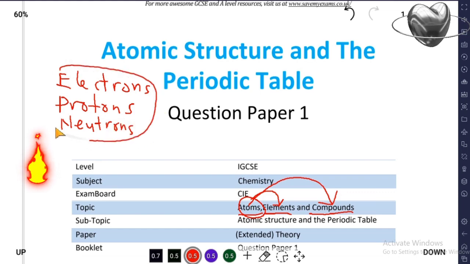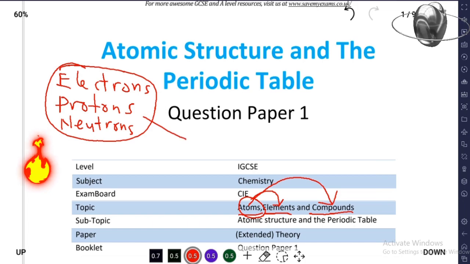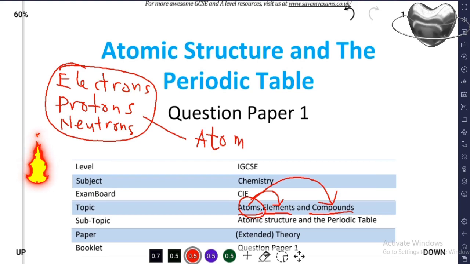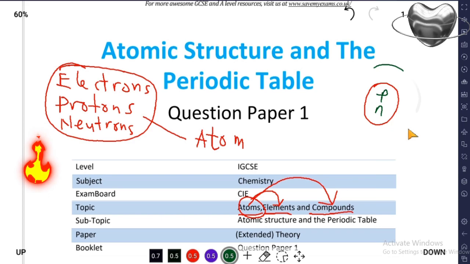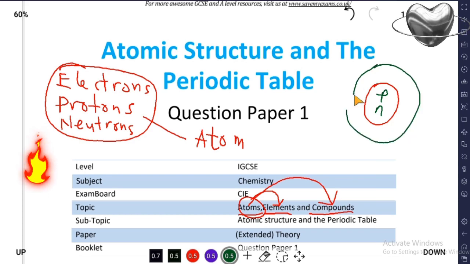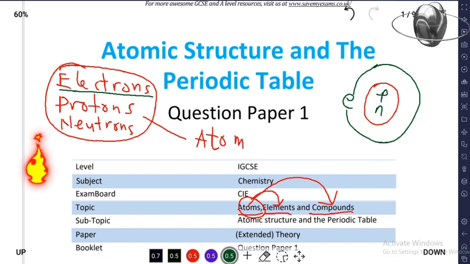These are the building blocks of every atom. Where are these subatomic particles located in an atom? You will find the protons and the neutrons in the nucleus of an atom, while electrons orbit around the nucleus. That's very important.